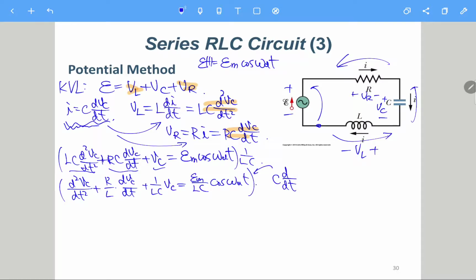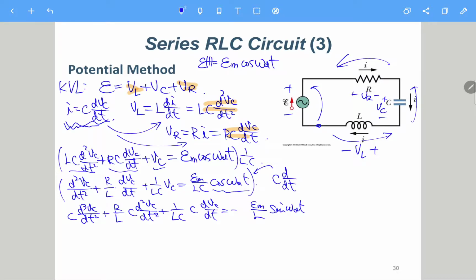So we have C d3VC/dt3 plus RC/L d2VC/dt2 plus 1 over LC dVC/dt equals, on the right side, Em over L. C and C cancel, and then we take the derivative, so it becomes minus sine omega t.